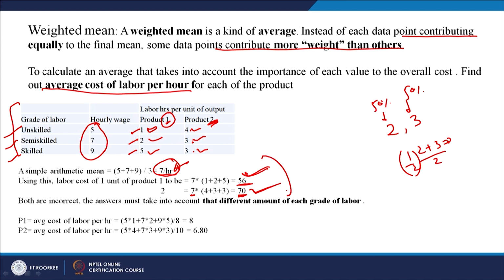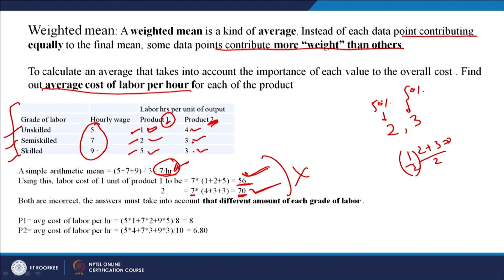No, these 2 are wrong answers. Why? Because we have given equal weightages to all these 3 hourly wages, which we should not have done. So, there is a better method and a correct method available. Let us look at what that method is.